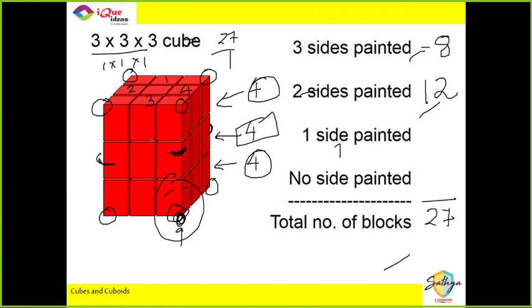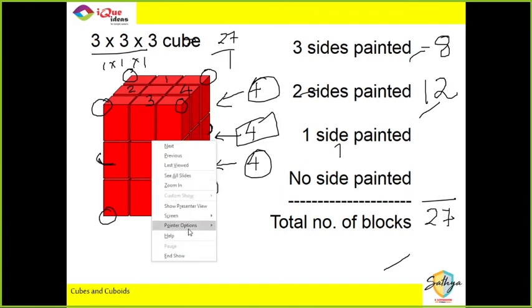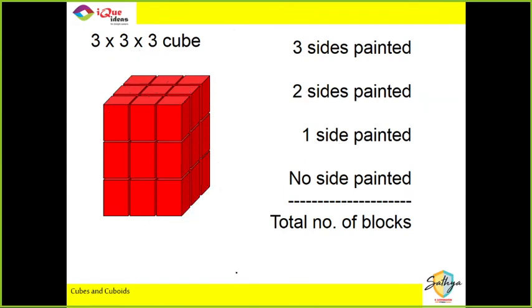I'm clearing up this image, guys. So far we have put this is 27, this is 8, and this is 12. Okay. Last row cubes. Do you mean these ones? See, this one is 3.